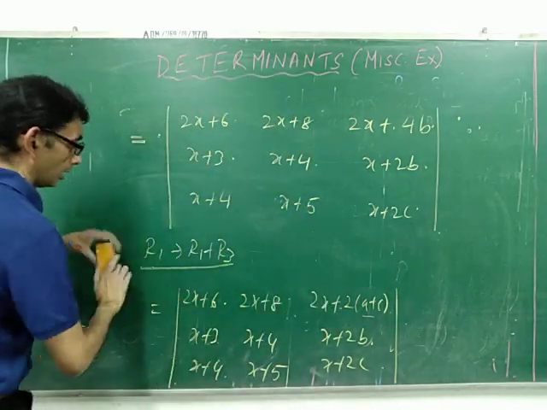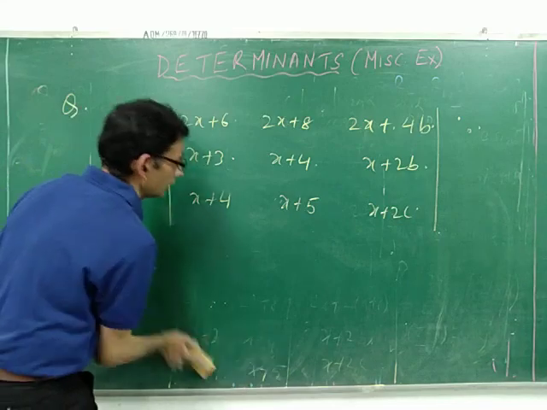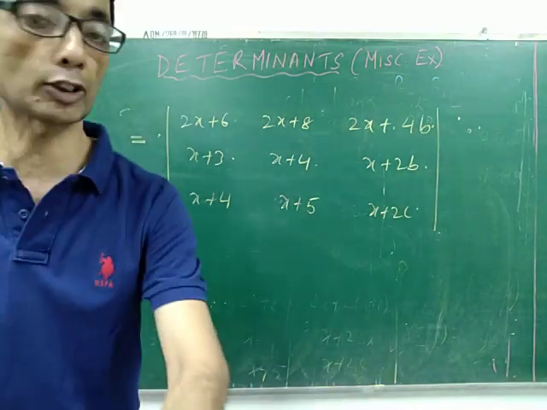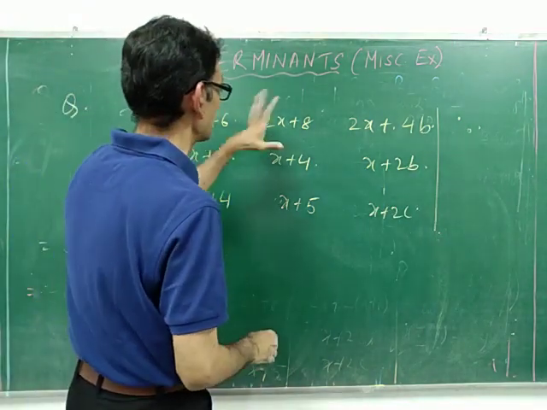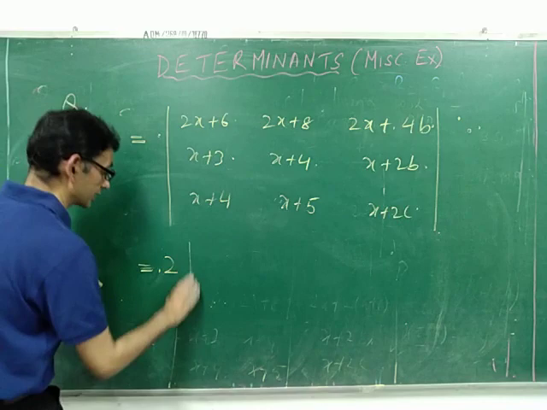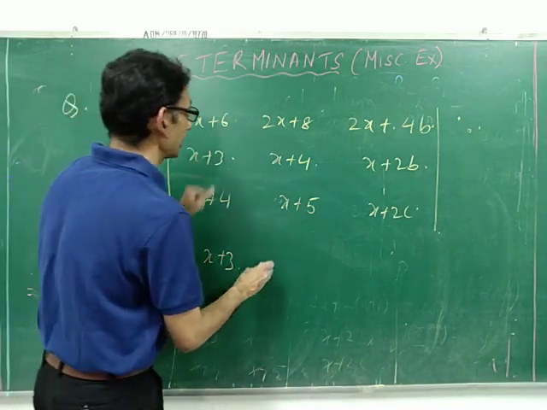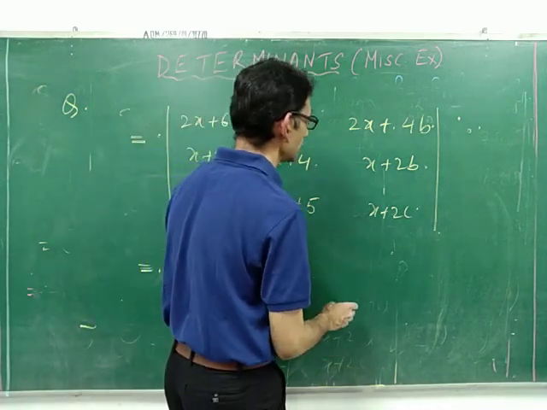Now observe the first row carefully. What is common in the first row? Here 2 is common, so we take 2 common from the first row. If you take 2 common, what is left is x plus 3, x plus 4, and x plus 2b.